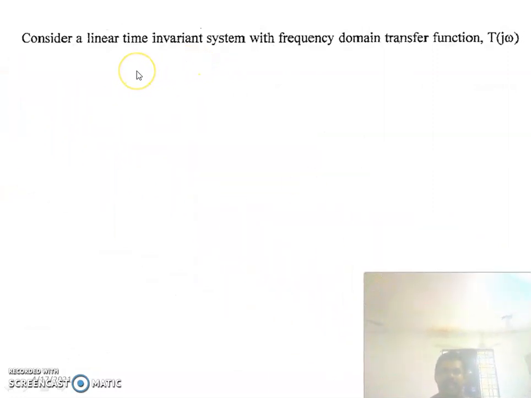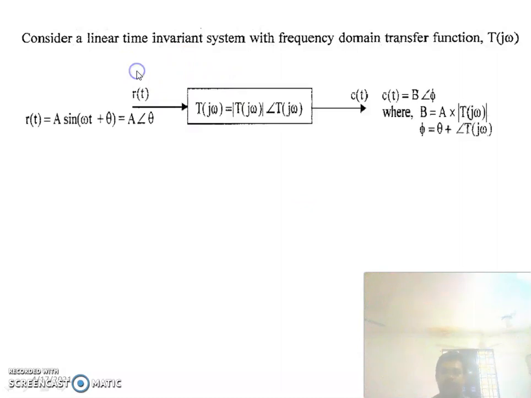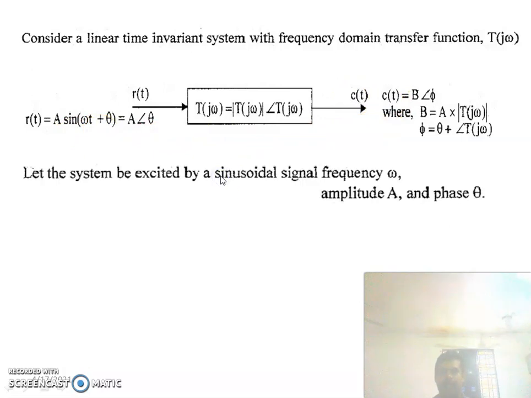Consider a linear time invariant system with the frequency domain transfer function T of j omega. R of t is the input and C of t is the output. The input we are giving is a sinusoidal signal, R of t is equal to A sin of omega t plus theta, and C of t is the output we get.